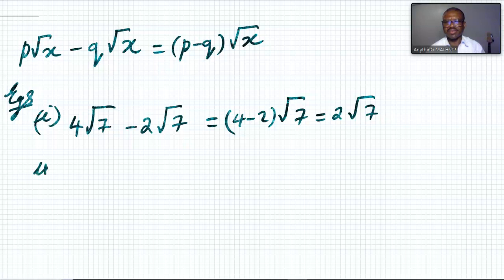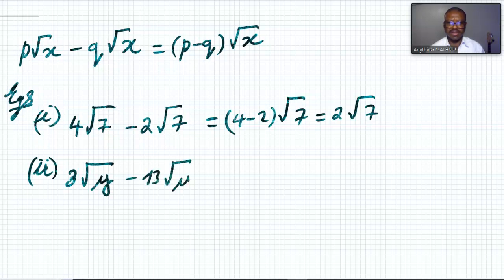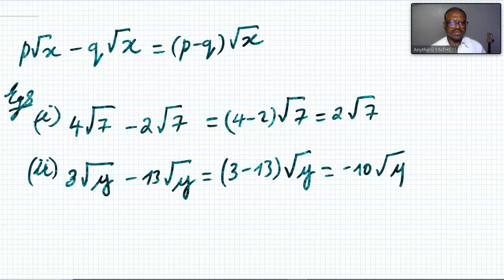The second example is 3 root y minus 13 root y. They all have the same root, same surd, so 3 minus 13 root y. Be careful, 3 minus 13 is negative 10 root y.